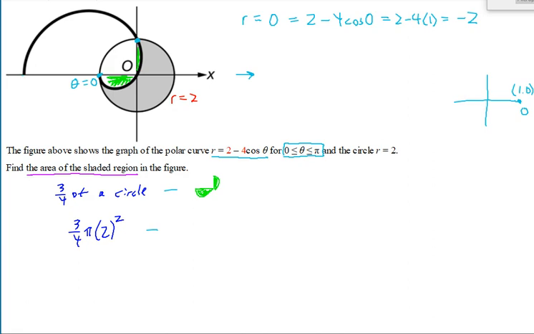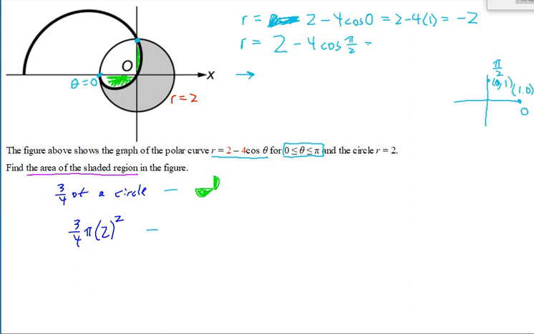Let's try the next easy one. Let's say we try pi over 2. So r equals 2 minus 4 cosine of pi over 2. But cosine of pi over 2, the x coordinate there, is 0.